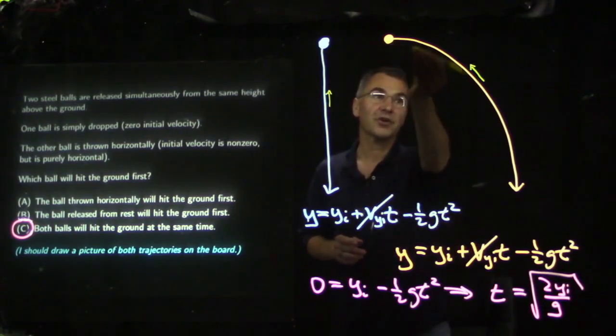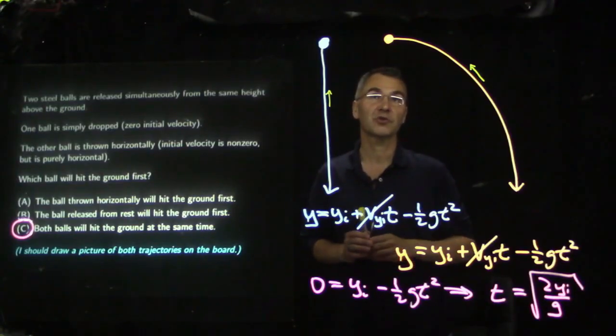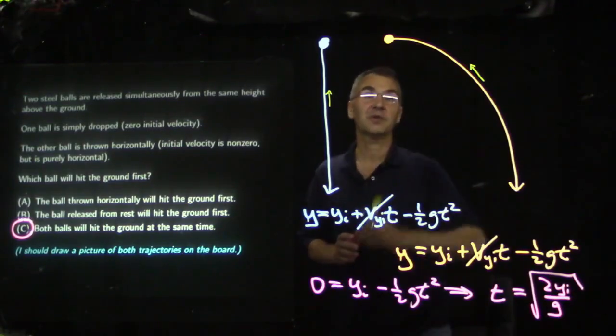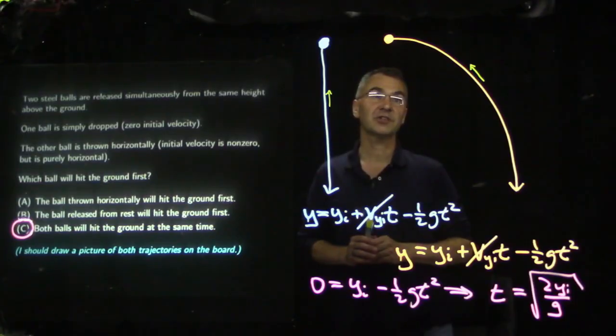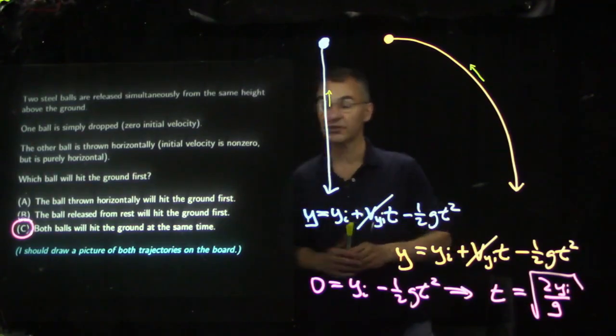And since there is a horizontal component here, the overall speed, and this drag force is proportional to the square of that overall speed, is bigger for the ball which is thrown with a horizontal component. So you don't need to know this, but I do think that if you did really account for air resistance, then the ball which is thrown with a significant horizontal velocity initially would hit the ground a little bit later. But in the absence of air resistance, the two balls hit the ground at the same time.